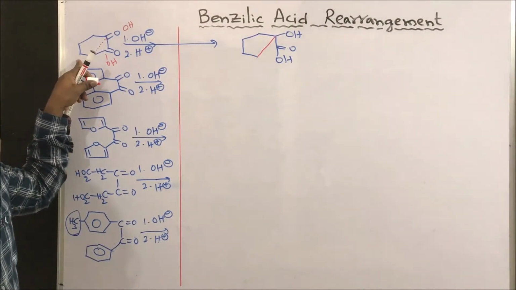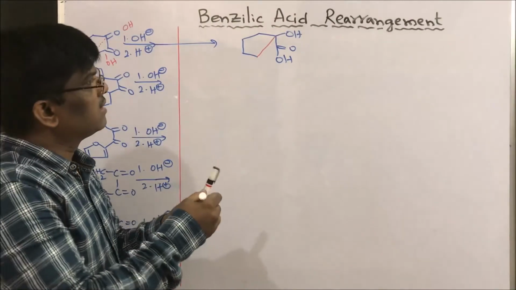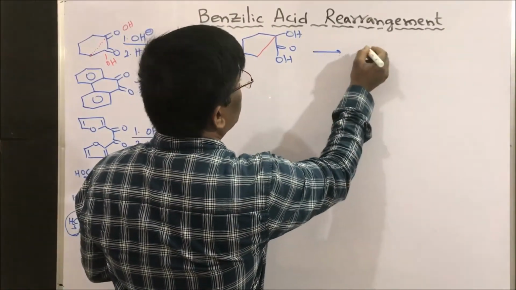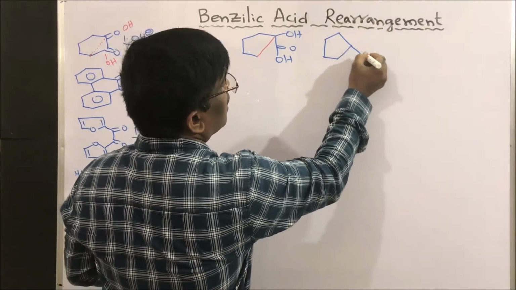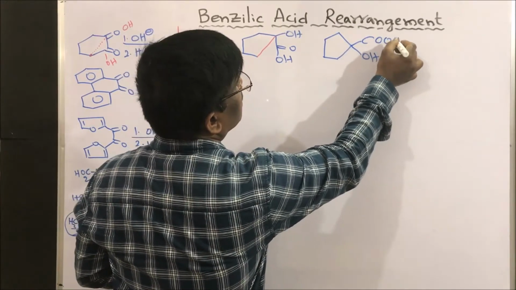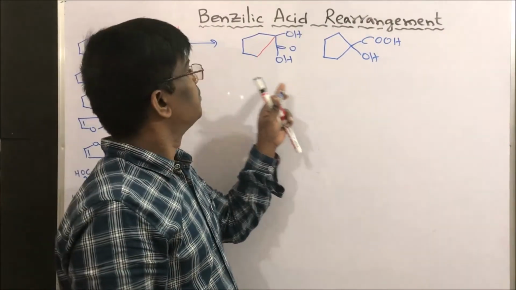This is the way you can write a shorthand method or tricks to write the product. So this is the compound alpha hydroxy, or you can write in a better way, hydroxy acid, right? This is the way you may get it in the exam.